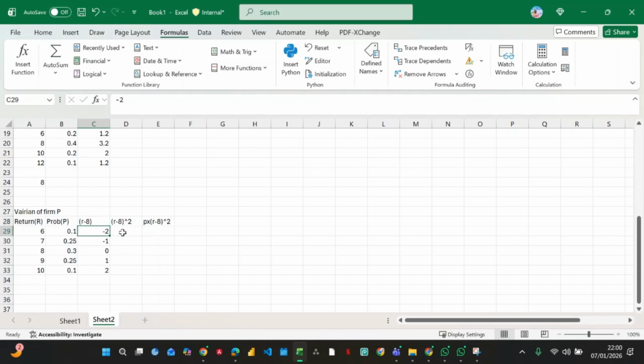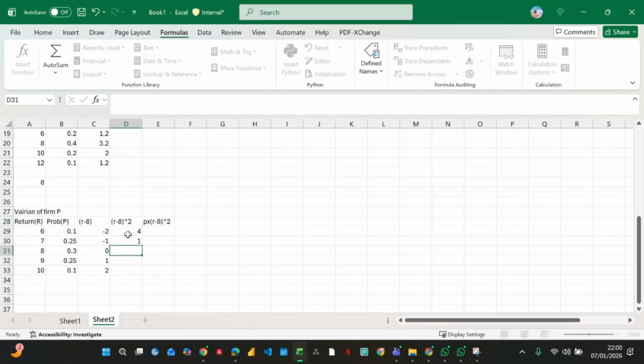Now with what we already have here, we raise it to the power of 2. Do you get? So minus 2 times minus 2 will give us 4. This one is going to be 4, this one is going to be 1, this one 0 raised to the power of 2 is 0, then this one 1, and then this one 4.